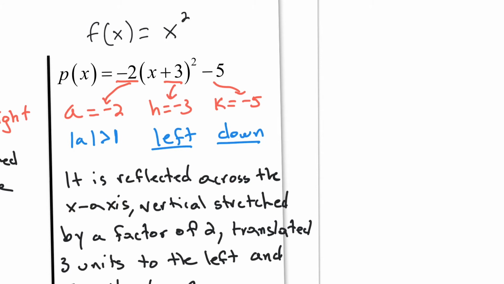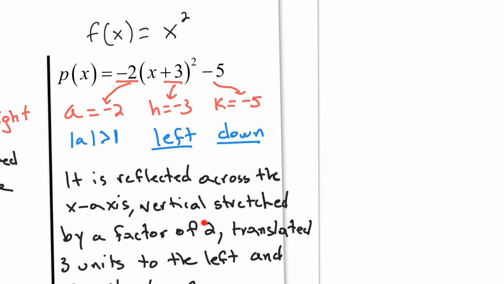Now let's go ahead and talk about the actual number for a. Now a is -2, but if you take the absolute value of -2, that's going to be +2. You're just looking at the number for a. Since the absolute value of -2 is +2, that is greater than 1. 2 is greater than 1. When the absolute value of a is greater than 1, we say there's a vertical stretch by a factor of 2.